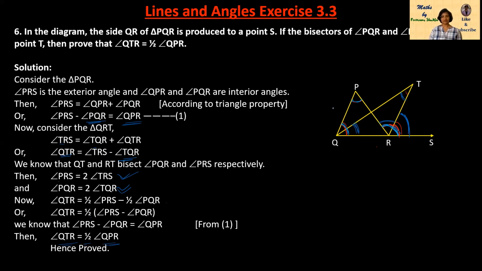What the properties are, only 2 properties are there, and second theorem is used here, angle sum property, theorem 2, and so we get this angle QTR equals to half of angle QPR. So hence proof.